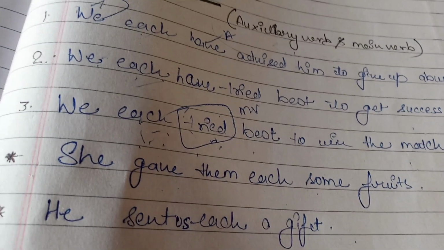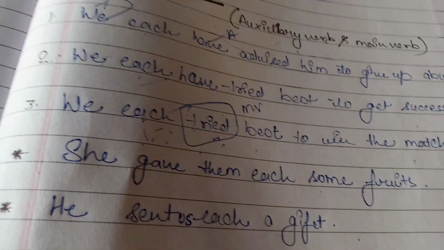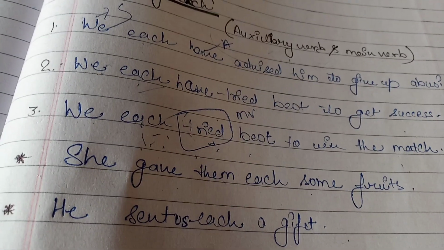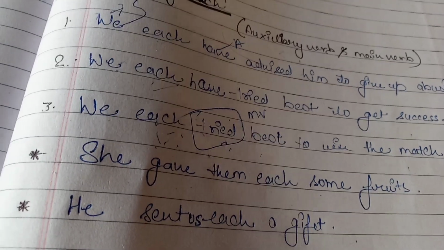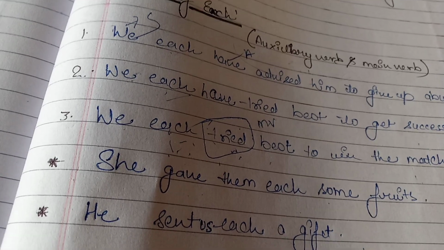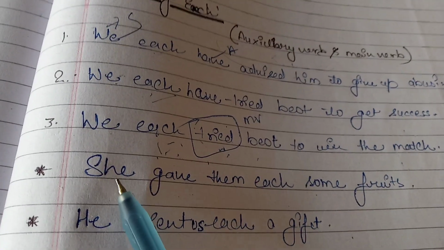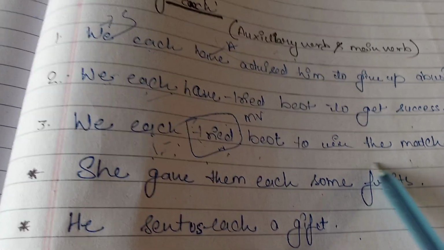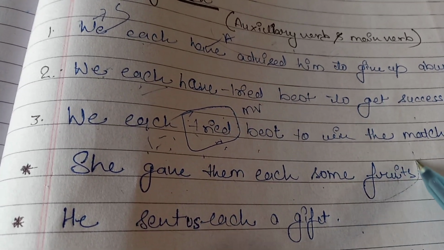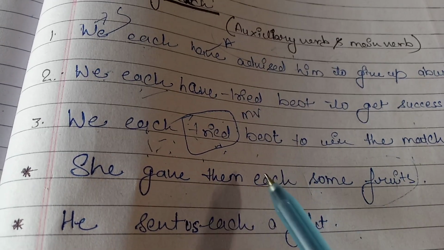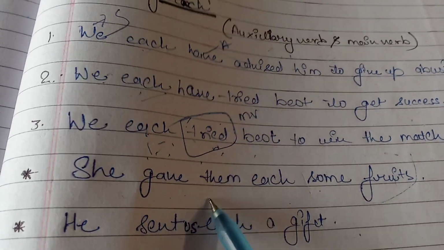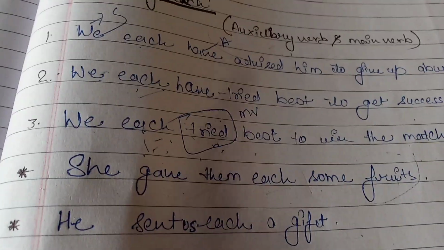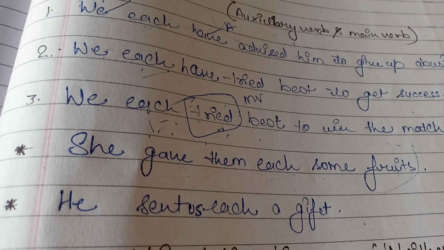Next, if a phrase is used after the object, we have to use each after the object. See, she gave them each some fruits. Some fruits is a phrase that is written after the object. So we have to use each after the object.